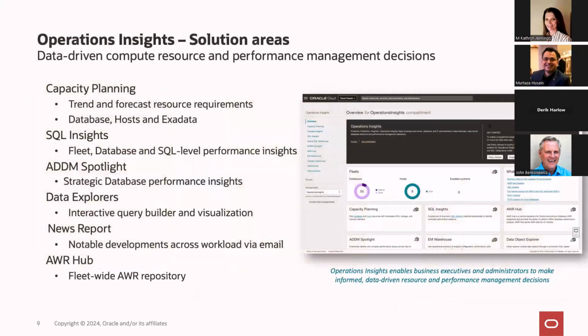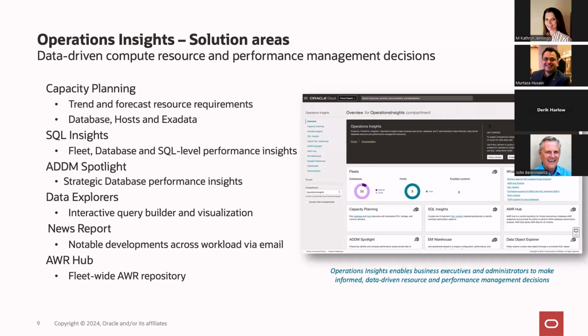All right, with that, let's move on to some of the key feature areas for the OCI Ops Insight service. From the top, we have capacity planning. As I mentioned, capacity planning looks at historical trending data. We store that, and then we provide forecasting capabilities using very advanced forecasting models embedded within the service.